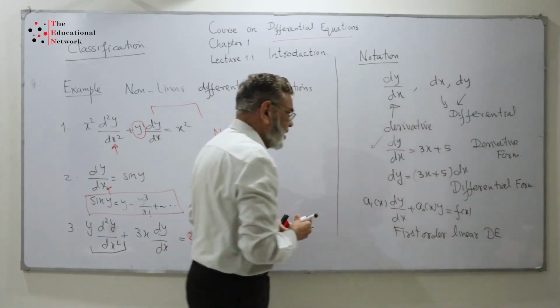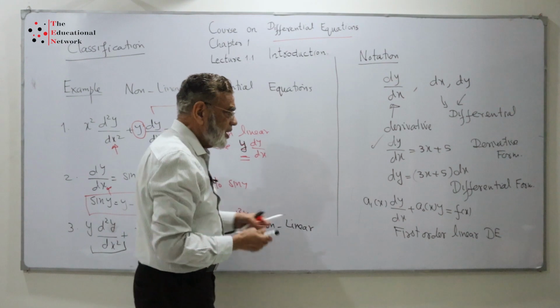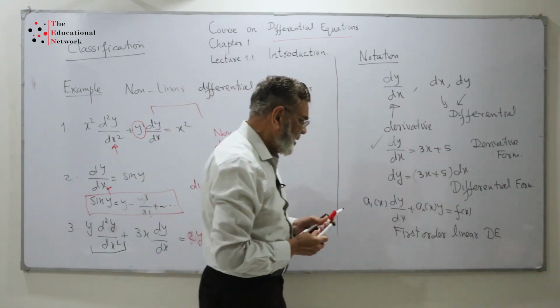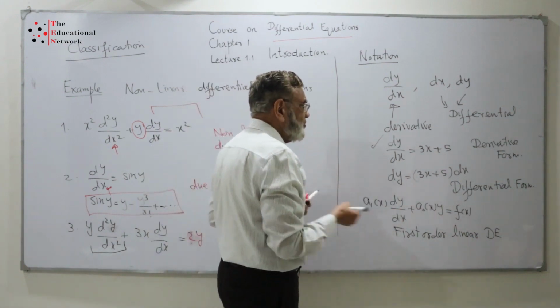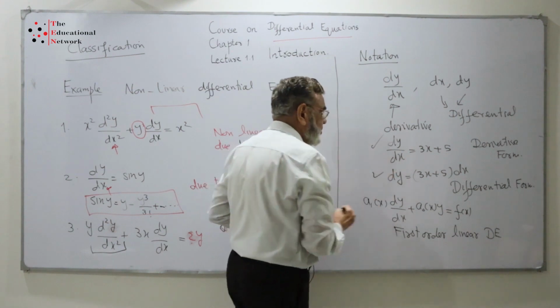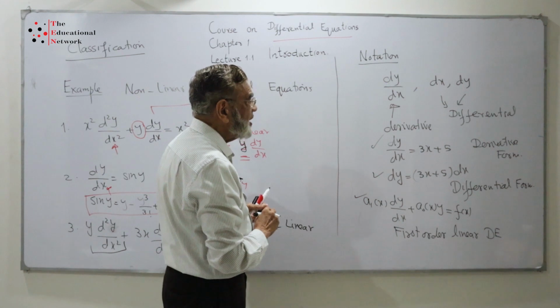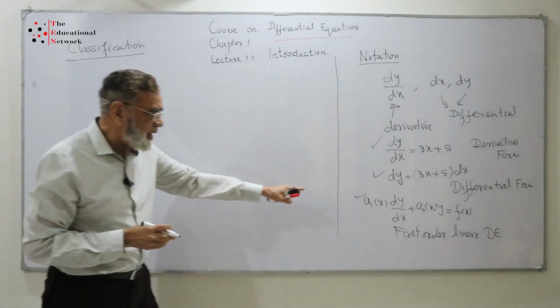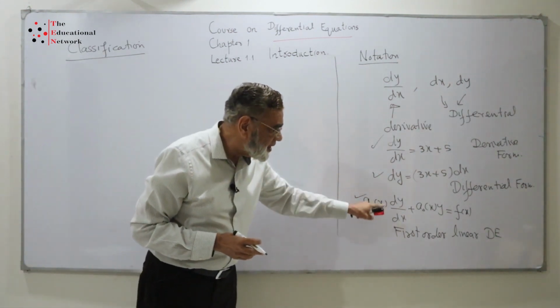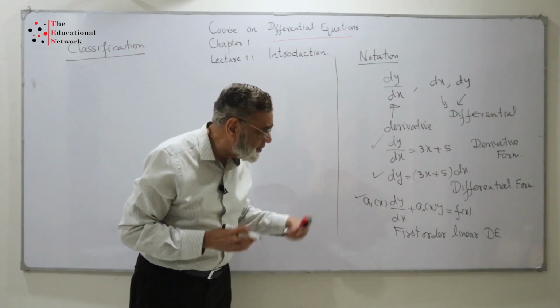Obviously it's non-homogeneous, because this term does not contain y, but we have this standard. So I have three forms: number 1 is the derivative form, number 2 is the differential form, and number 3 is the first order linear differential equation form.